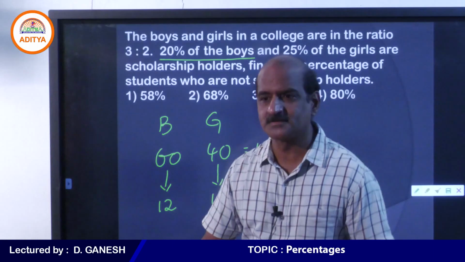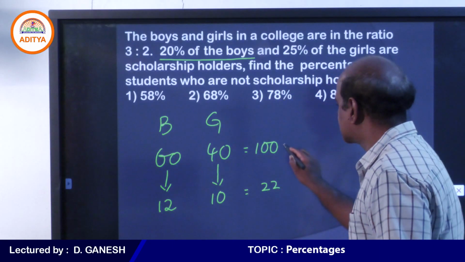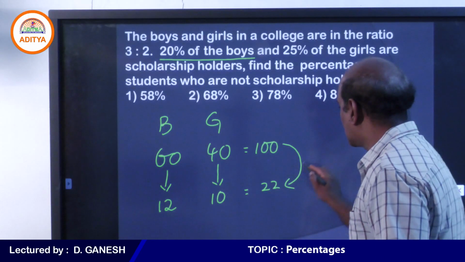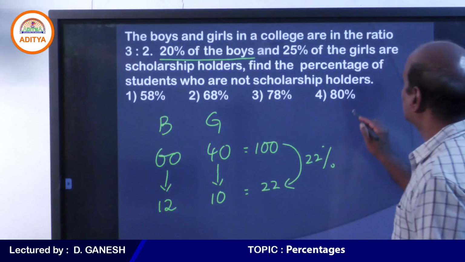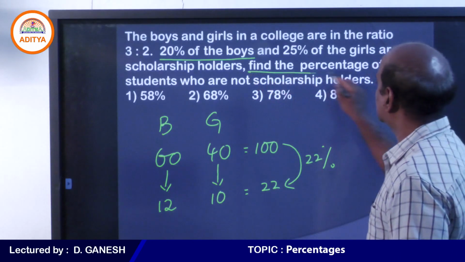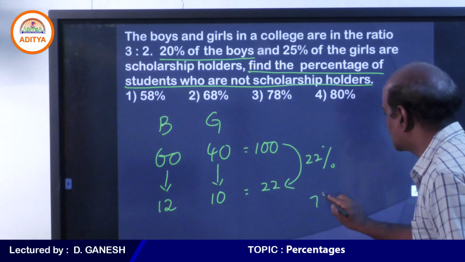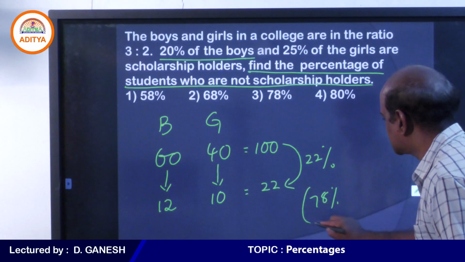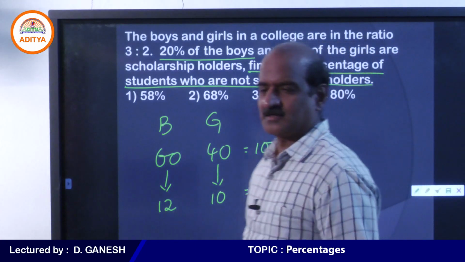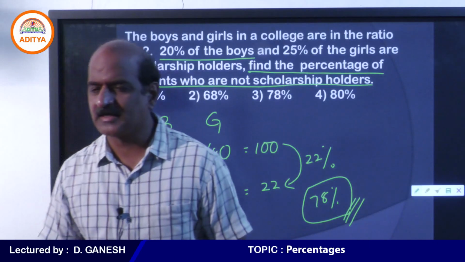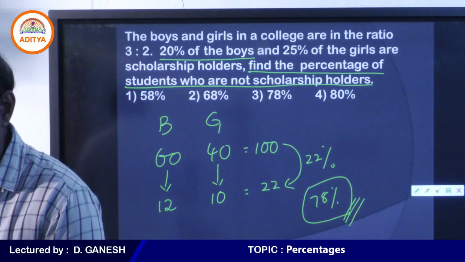So 12 plus 10, so we have 22 getting scholarship. So out of 100, when 22% are getting scholarship, you are asked to find the percentage of students who are not scholarship holders. Your answer must be 78%. So when 22% are scholarship holders, 78% are not scholarship holders.